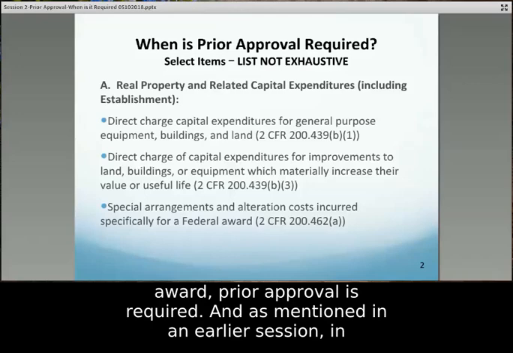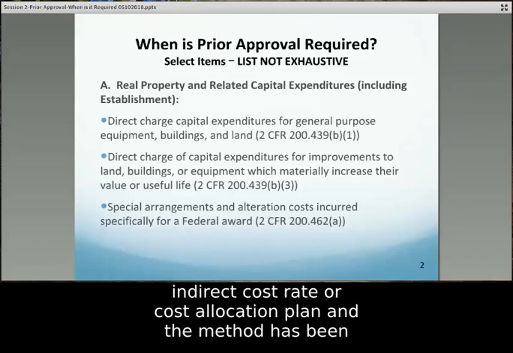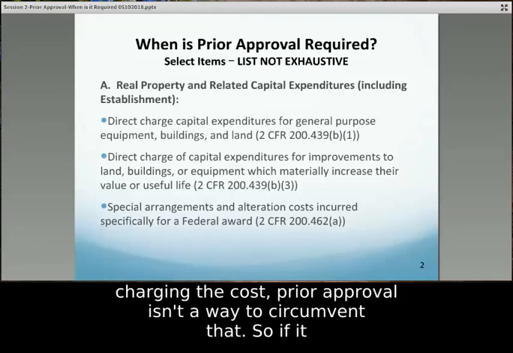And as mentioned in an earlier session, in session 1, if a cost is already included in your indirect cost rate or cost allocation plan, and the methodology has been approved by the federal cognizant agency as the methodology to use in charging the cost, prior approval isn't a way to circumvent that.